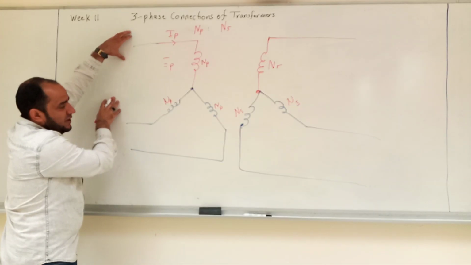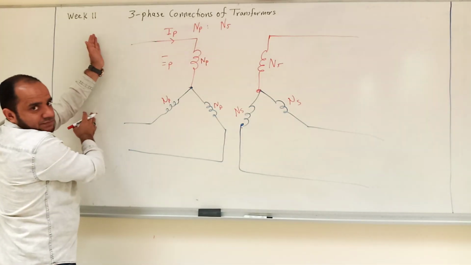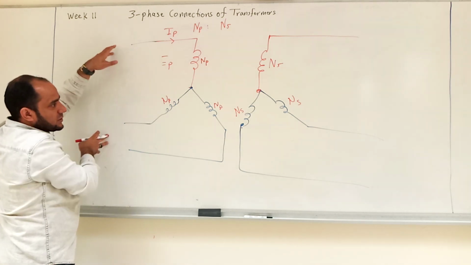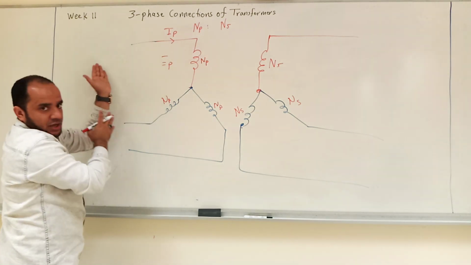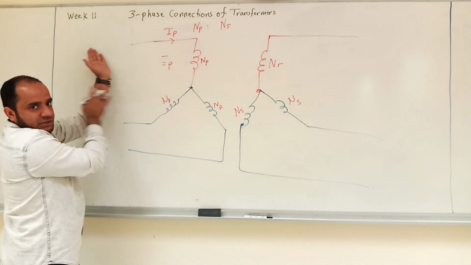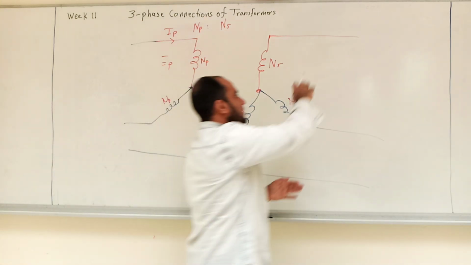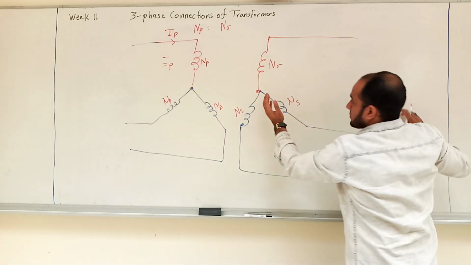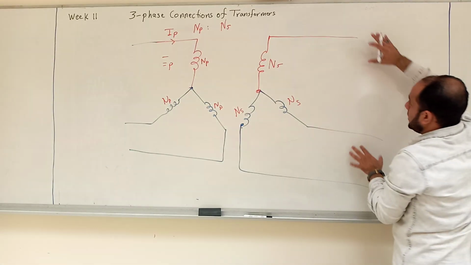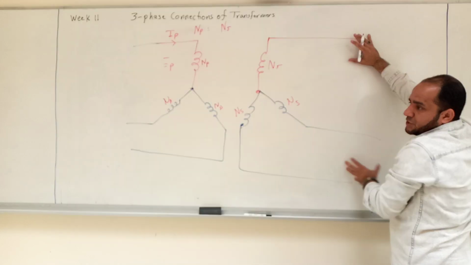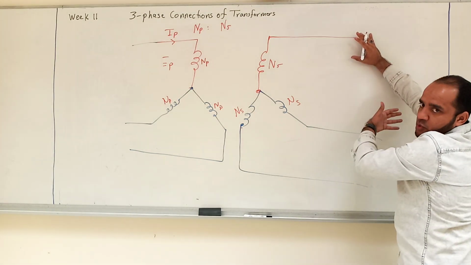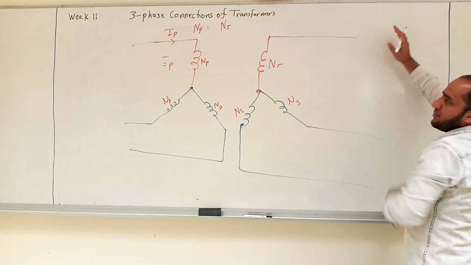Here we have a three-phase incoming transmission system, for example a transmission line, or a three-phase source connected to the primary, the input side of the transformer. And this three-phase secondary side is delivering the power to a three-phase load, which could be three-phase motors, for example, or an outgoing three-phase transmission system, right?